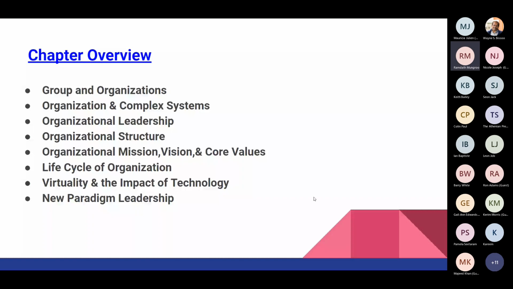We also speak about organizational structure and the different types that exist. Additionally, we'll speak about the difference between mission statements, vision, and core values within an organization. Also, we talk about the life cycle of an organization and its culture.